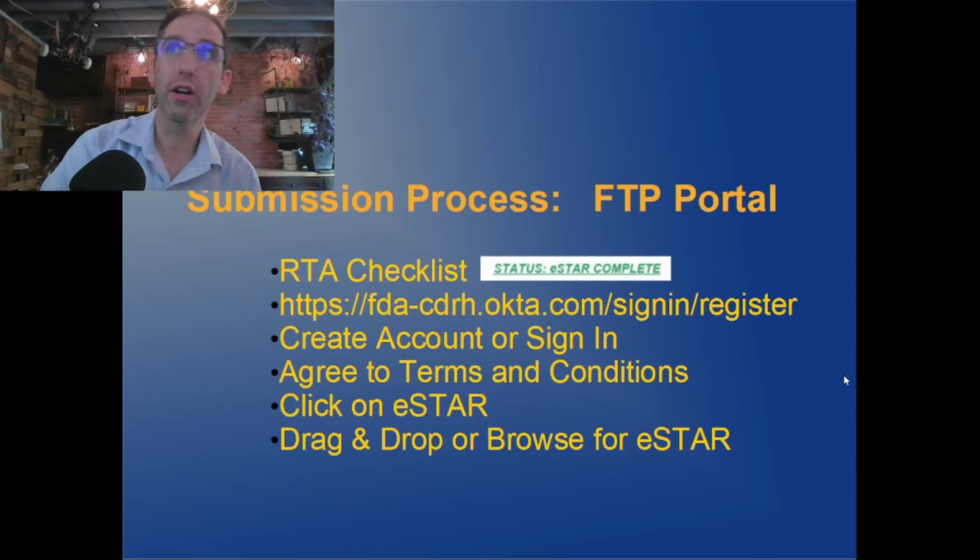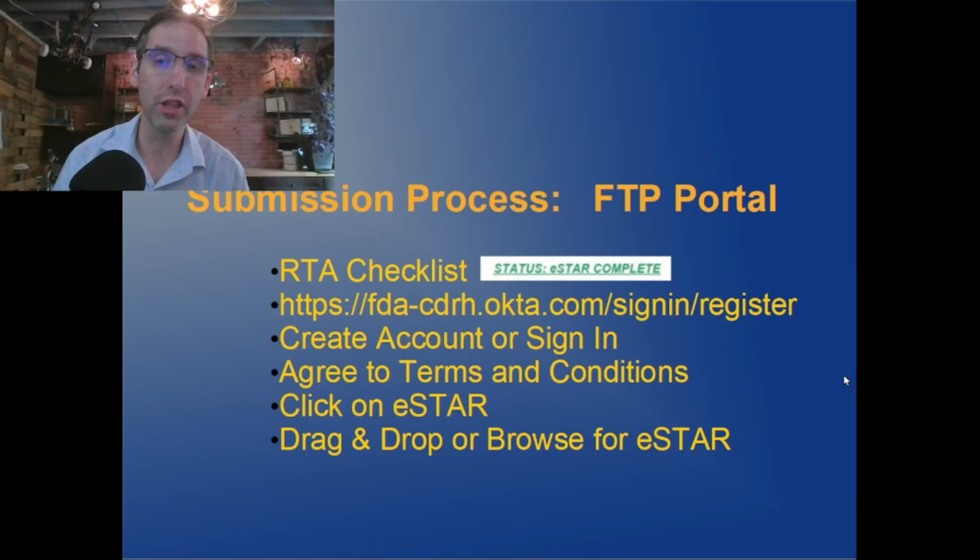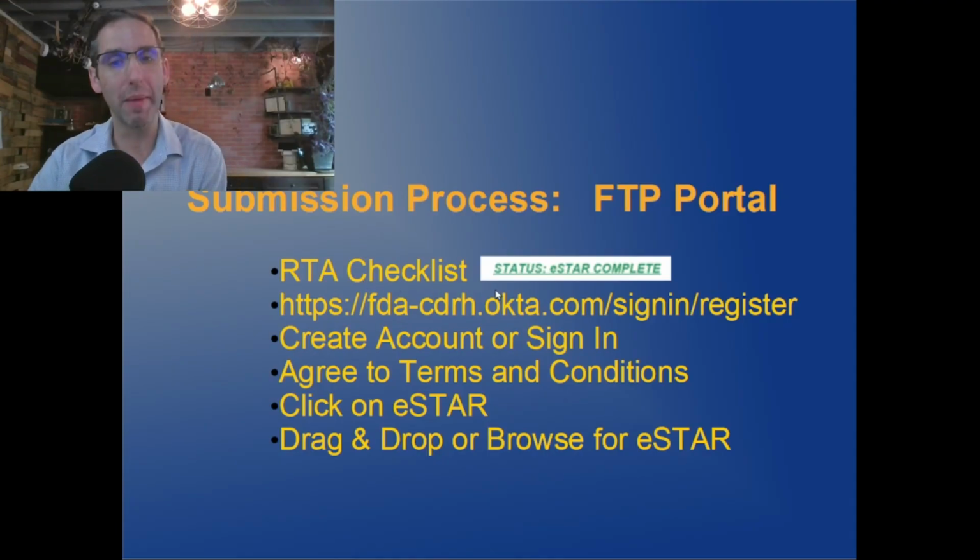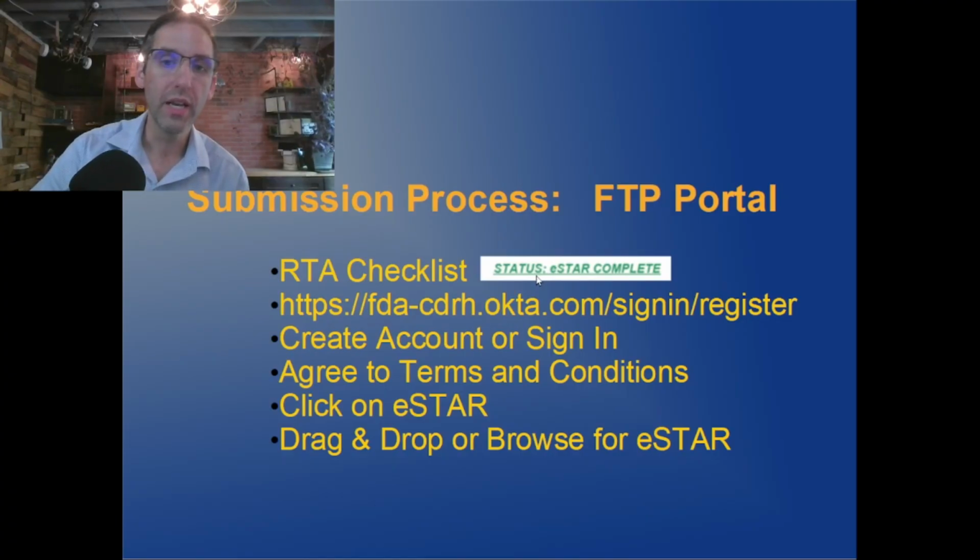When you finally are complete, you submit it through the FTP portal. This process is fairly straightforward. There is an RTA checklist, which I mentioned earlier. And there are portions of the eSTAR which will show the status, those green bars that were referred to.